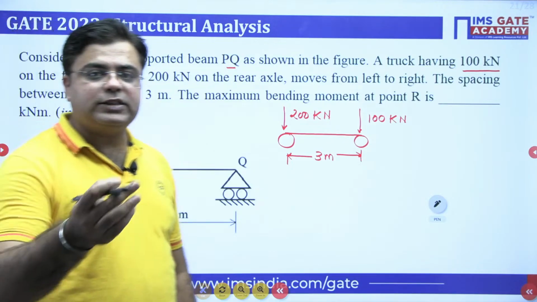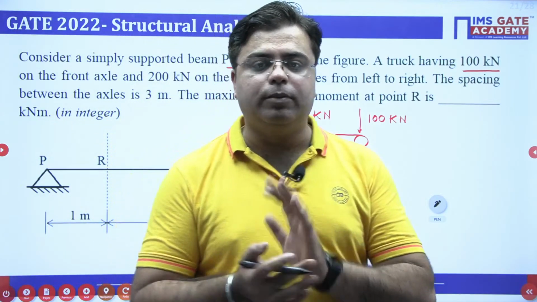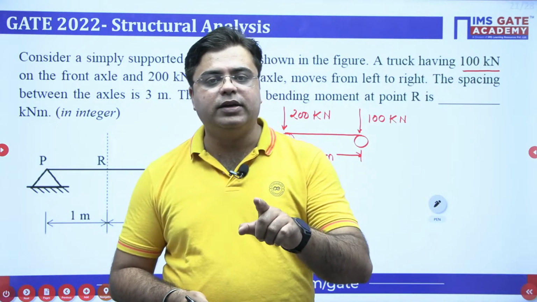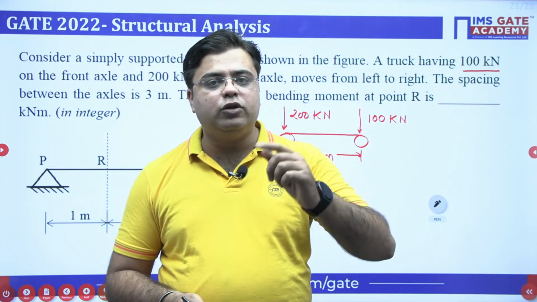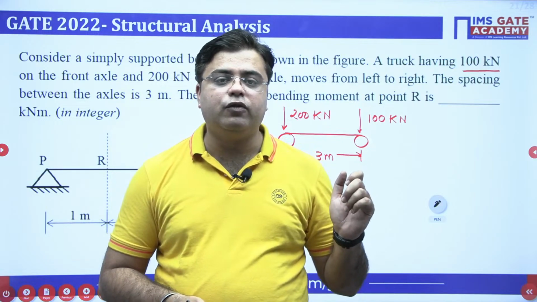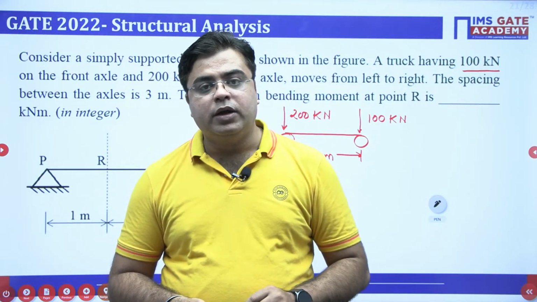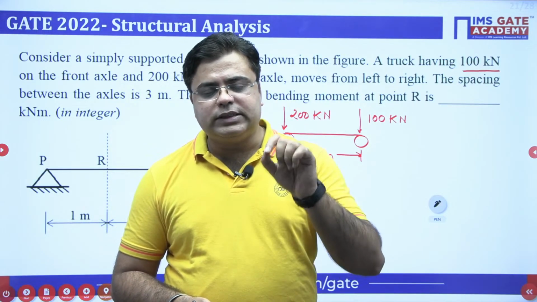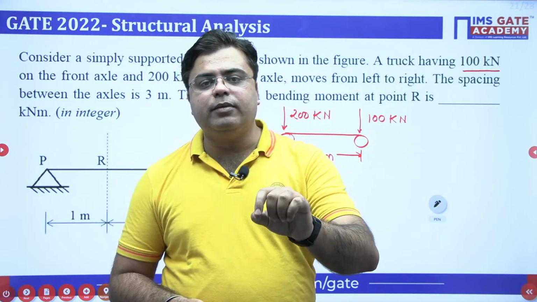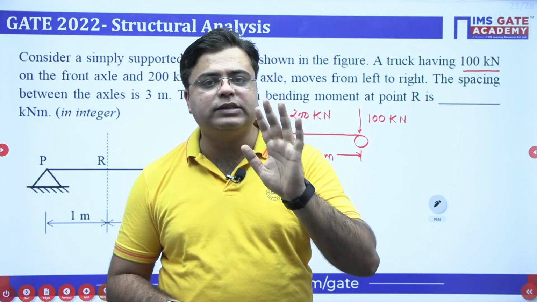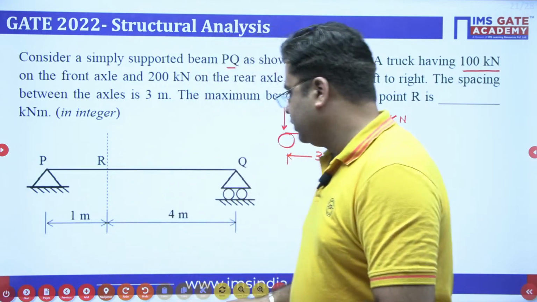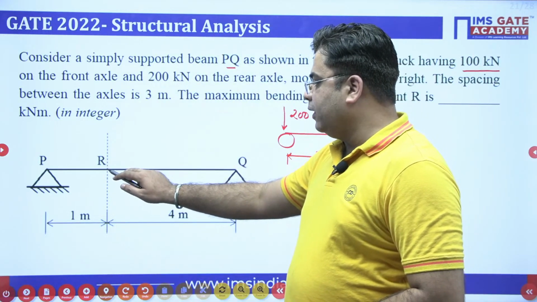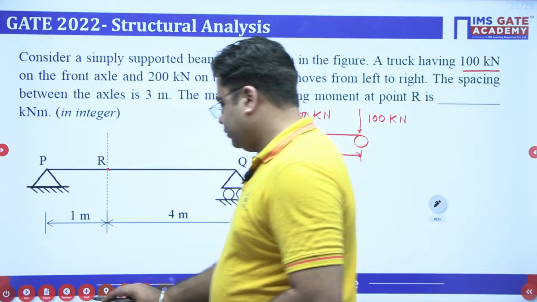Whenever such types of questions are asked with respect to the moving load, step number 1 is to consider whichever force you need to maximize. Right now we have to find the maximum bending moment at point R. Step 1 is to draw the influence line diagram for bending moment at R. So I'll start like this.